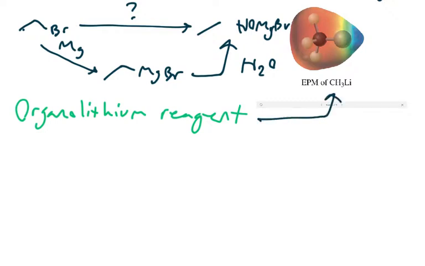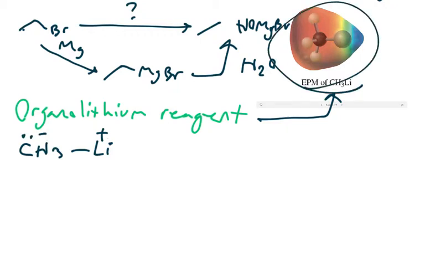It's literally just an organic group, say methyl, bonded to lithium. The lithium is going to be our positive, and this is going to be negative. In fact, so much so that we don't even use partials. We just put a plus, and we put an electron pair and a minus. You can see in this electron density map that the methyl has lots and lots of electron density, so it's going to be a good nucleophile.